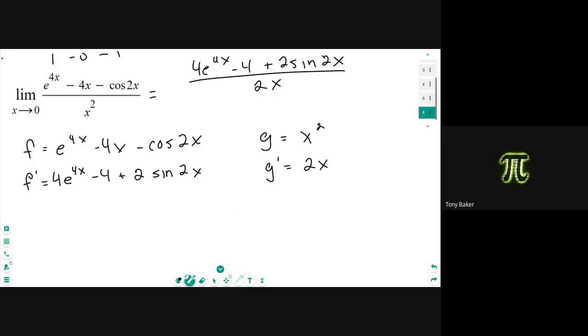What's the top come out to be? What's 4e to the 4x? What's 4e to the 0? e to the 0 is 1. 4 times that is 4. So 4 minus 4 is 0. What's sine of 0? 0. So we still get 0 over 0.